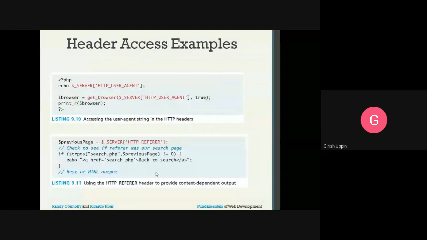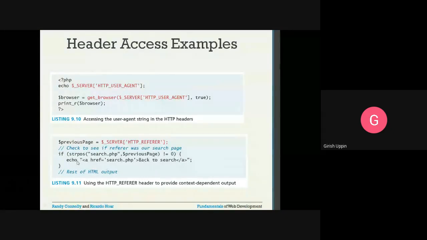This is the code example, header access examples. PHP echo $_SERVER HTTP_USER_AGENT, then get_browser, then you pass this, and you will get what type of browser you are accessing. Then this particular example provides a context-dependent output.